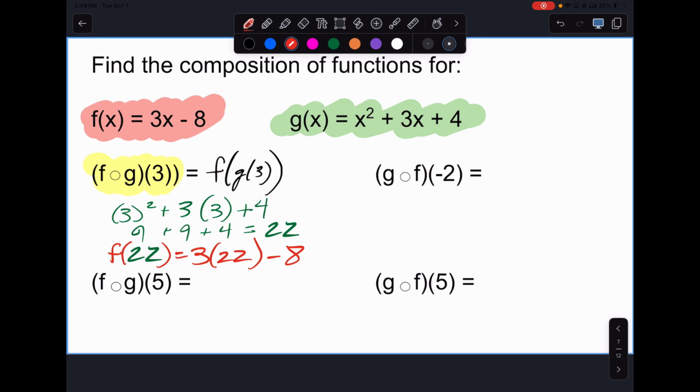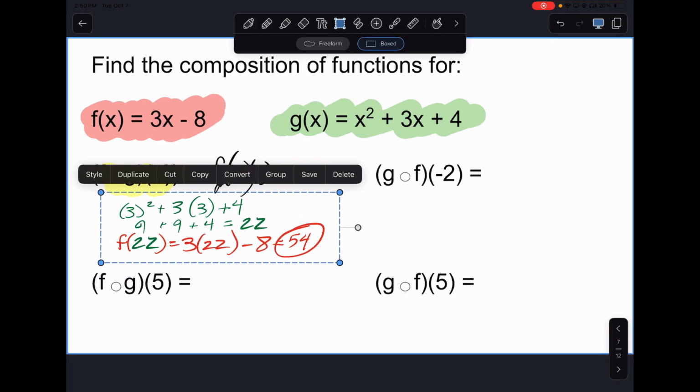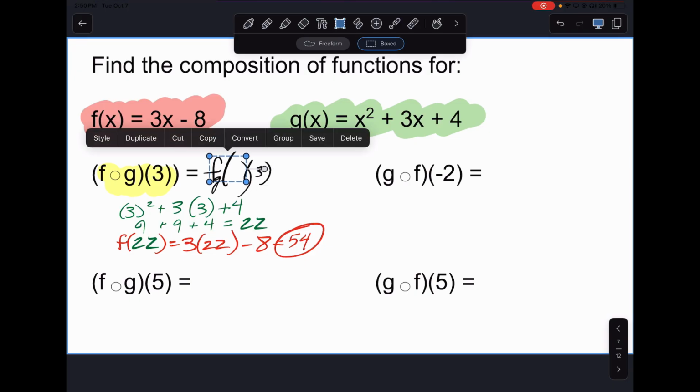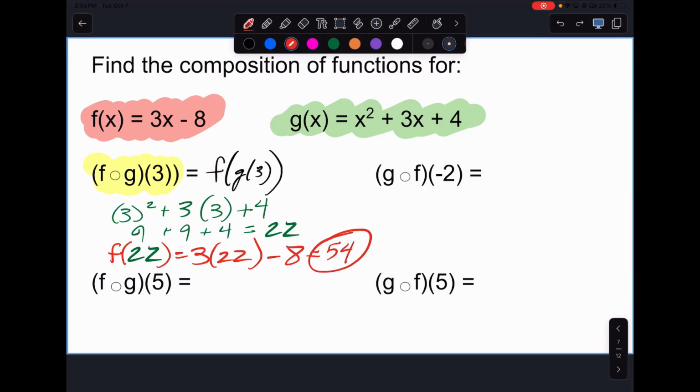Three times 22 is 66, minus 8 is 58, not 54. Thanks.